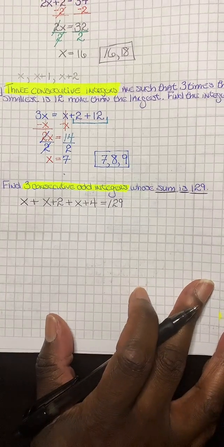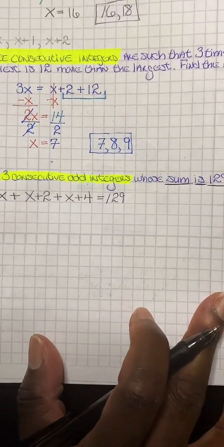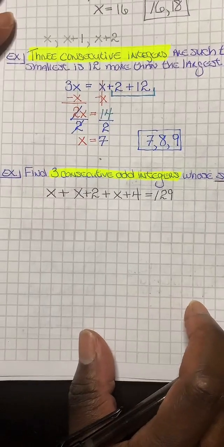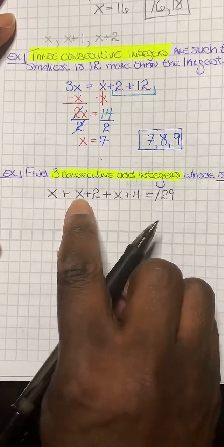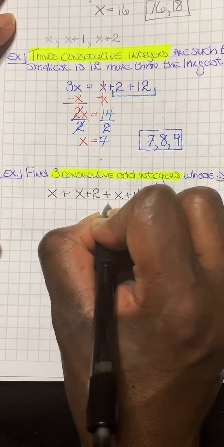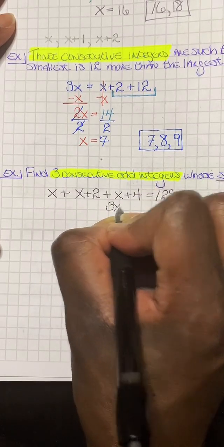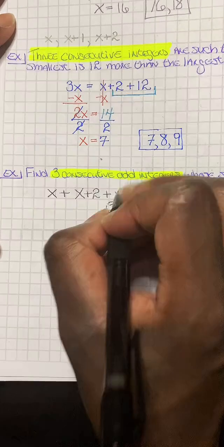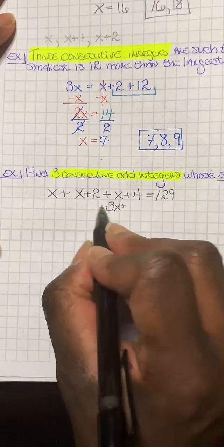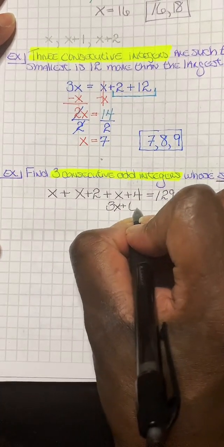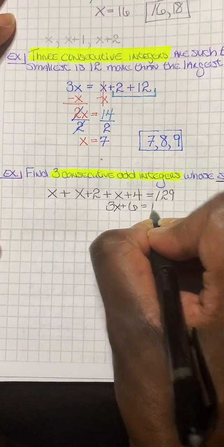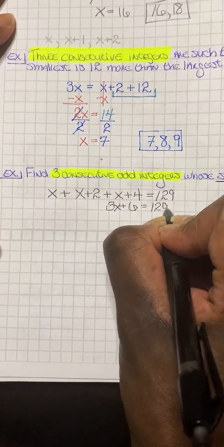So now, let us combine our like terms. I get my x's: 1, 2, 3. There's 3 x's. So 2 plus 4 gives me 6. And now I have my 129.